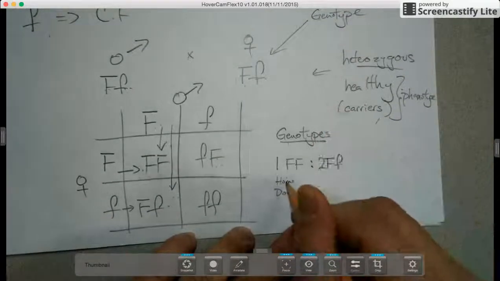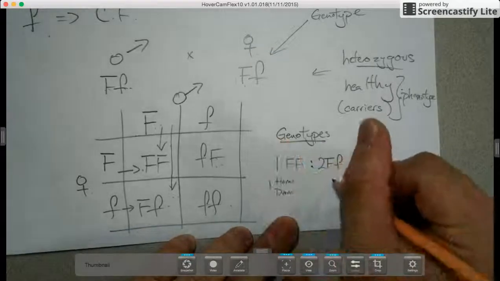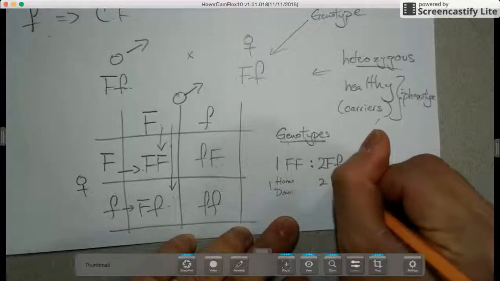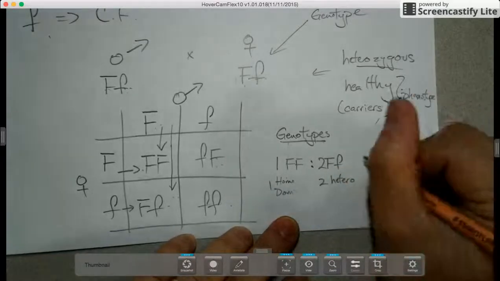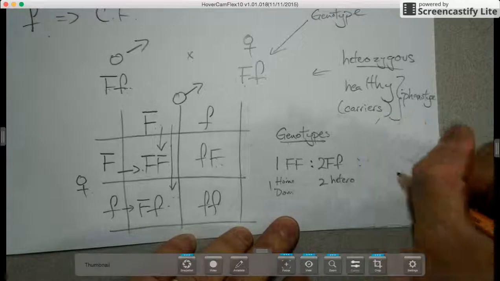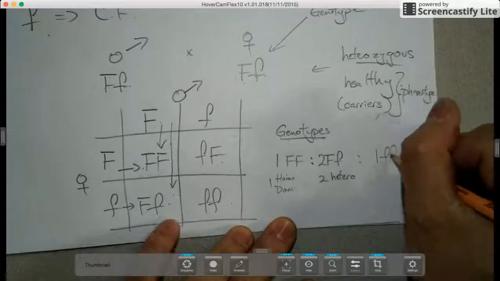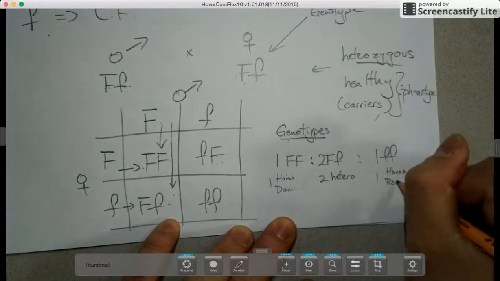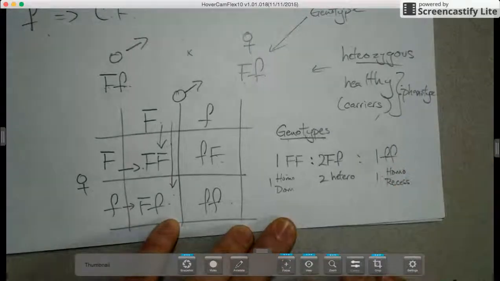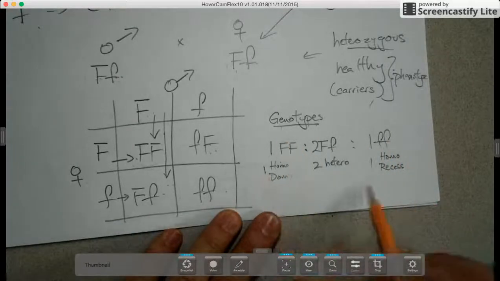So I have one homodominant. You have two hetero. Hetero is just hetero, there's no recessive or dominant. You have one homozygous recessive. Do you guys follow so far? So that is the genotype ratio.